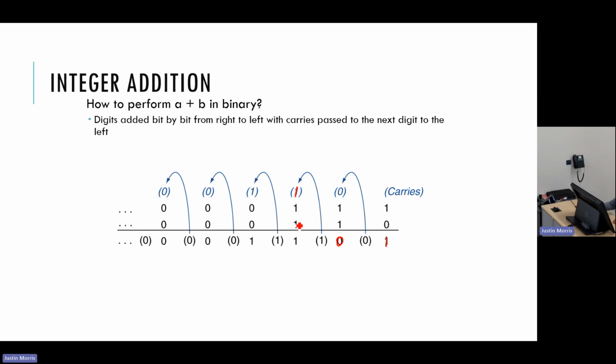And now we have 1 plus 1 plus 1, which is now 1, 1, right? And then 1 plus 0 plus 0, 1, no carry, 0, 0, 0, 0, 0, 0, 0, 0. So just like grade school, sometimes you carry one still. You would carry however much you needed to carry.